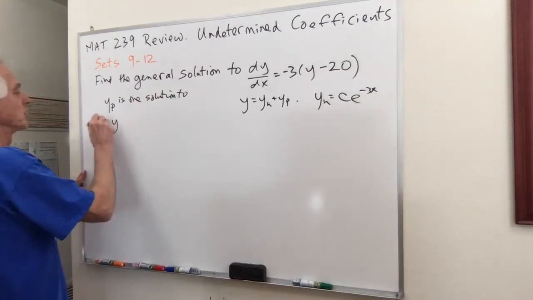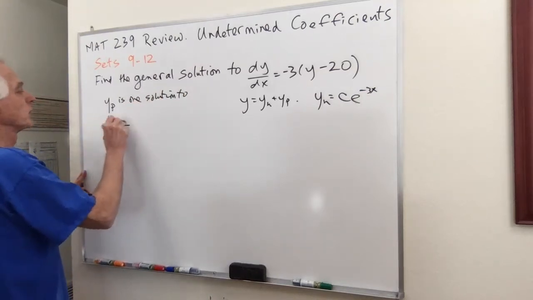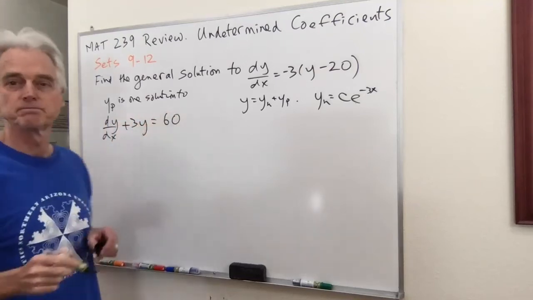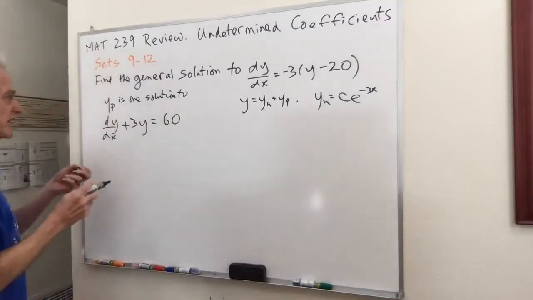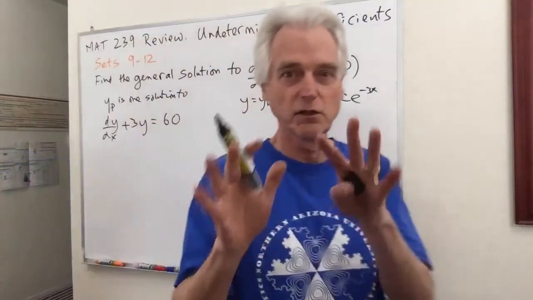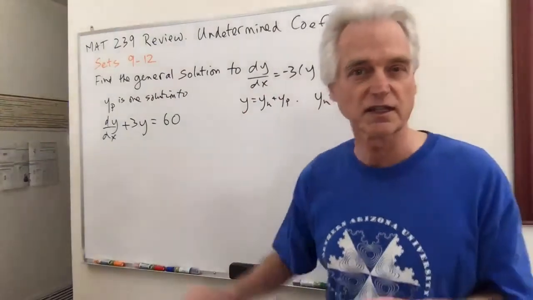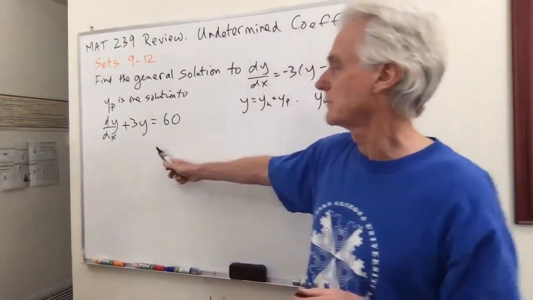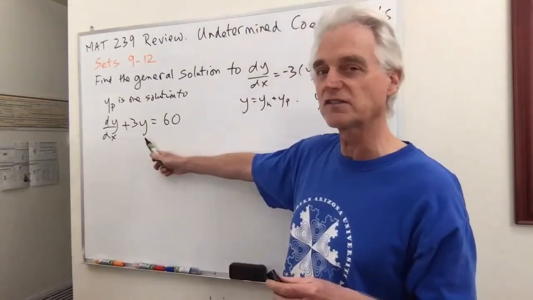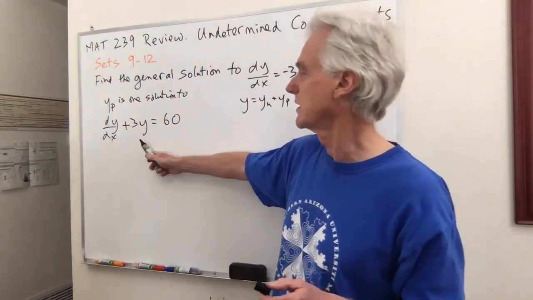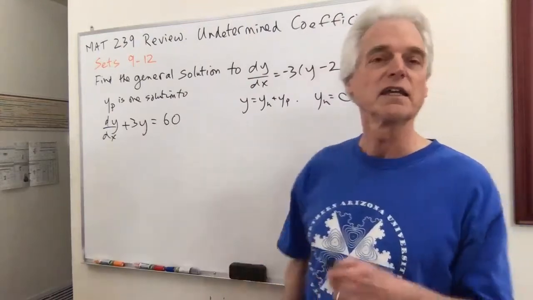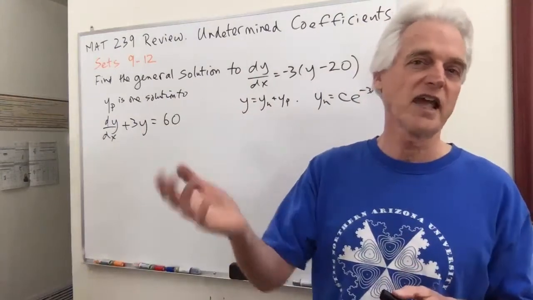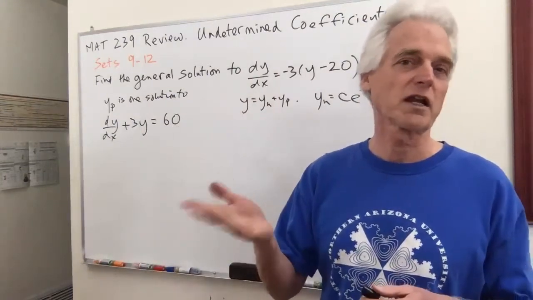What was it? dy/dx plus 3y equals 60, right? Well, this has all the things we need to use the method of undetermined coefficients. The left-hand side has constant coefficients. The right-hand side involves just sines, cosines, exponentials, polynomials, and products of those.